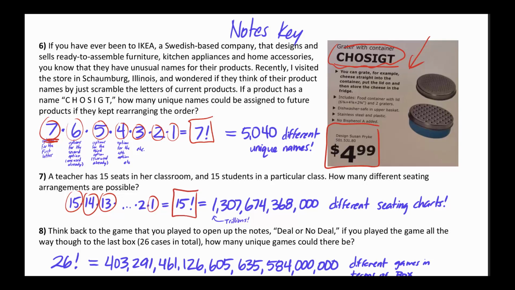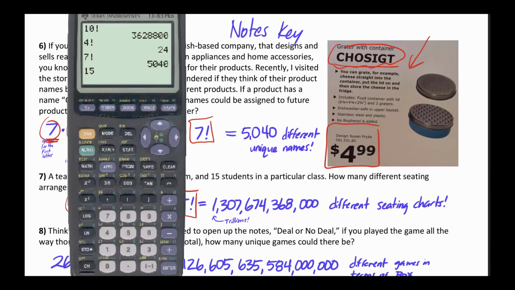So 15 factorial. If we put that in our calculator, 15 factorial and hit enter, we get E. Now E means scientific notation. A lot of times that happens because our calculator screens are too small to fit the entire number. I was fortunate enough, I was doing this on my computer, I could get the whole thing.